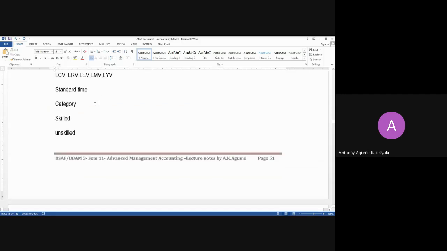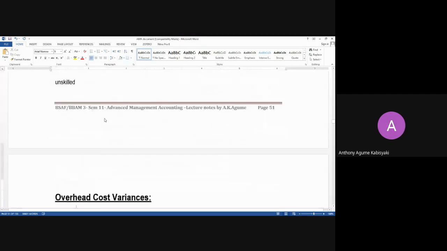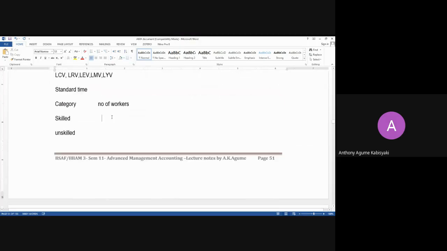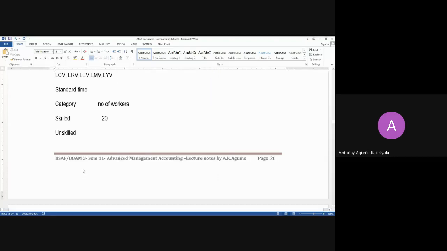Here, the number of workers: how many workers do you need? For skilled you have 20, and for unskilled 40.